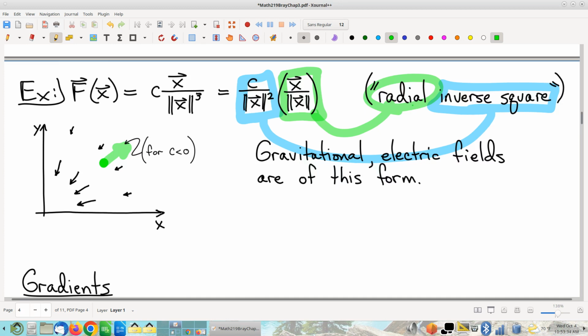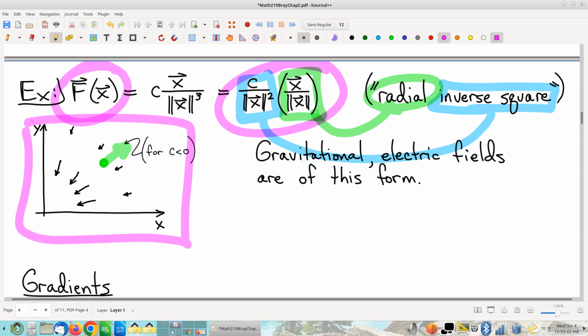Okay. And so you get this picture. This vector field, interpreted like so, gives you a picture that looks like this. Now the picture that I've drawn here is where this factor c is negative. That's why the students get weirded out by this because the radial unit vectors are pointing outward, but with a negative c, the resulting field vectors would be pointing inward.